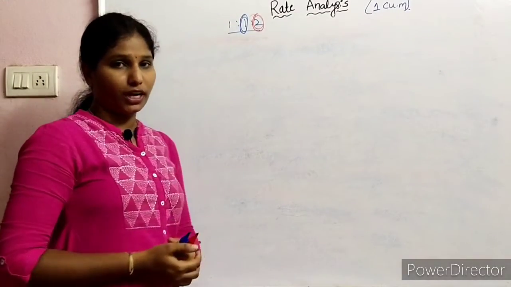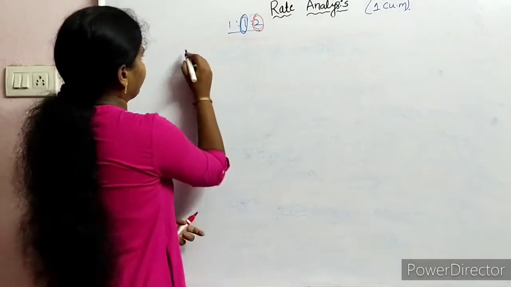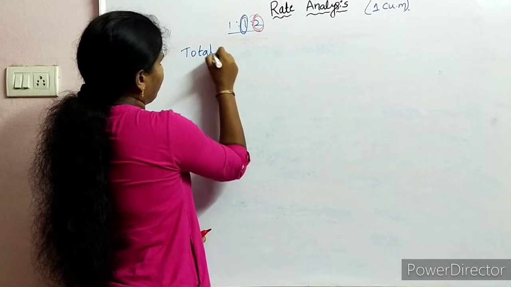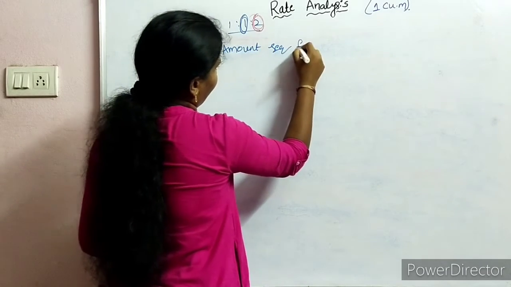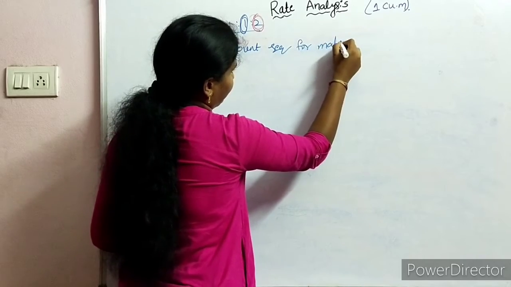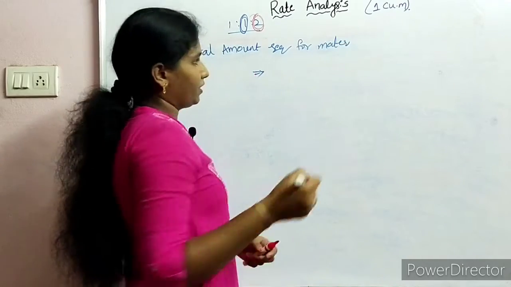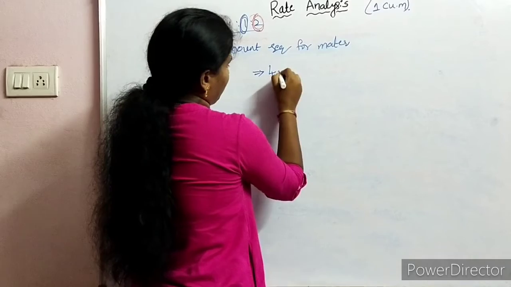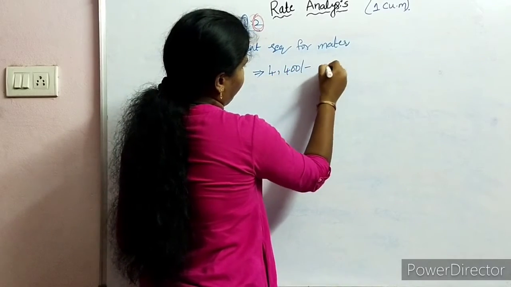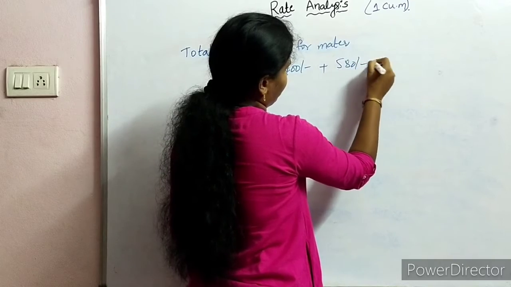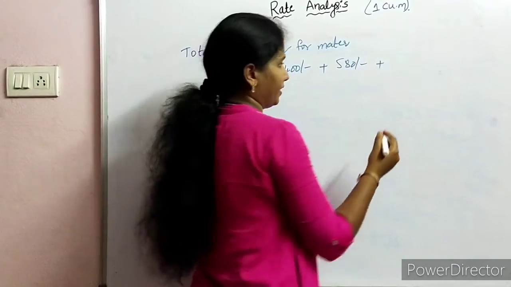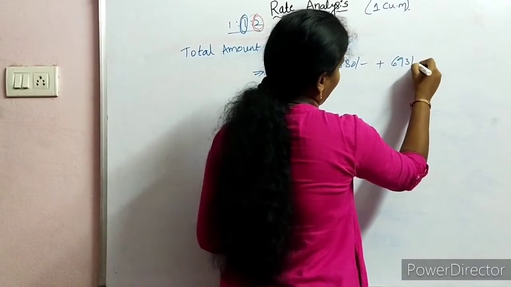Now the total amount required for the materials is the amount required for cement, 4,400, plus the amount required for the sand, 580 rupees, plus the amount required for the aggregate, 693 rupees.